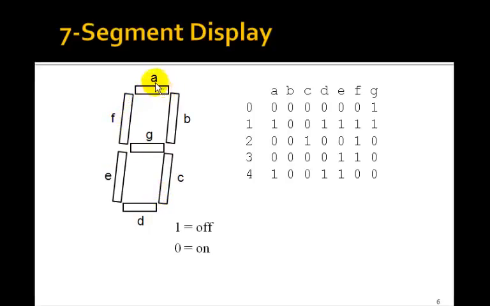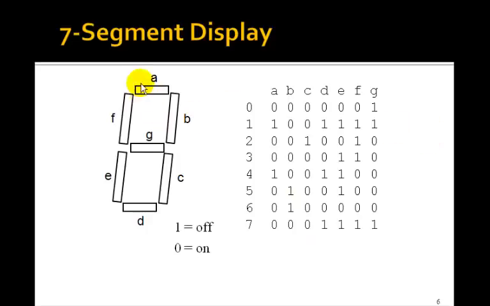We turn off A, turn off D and E. So that's going to be a 4. 5 sort of looks like an S. We'll turn off B and E. Now a 6, we're going to only turn off B. So a 6 we will make like this, including the A up here. So we'll only turn off B for a 6.